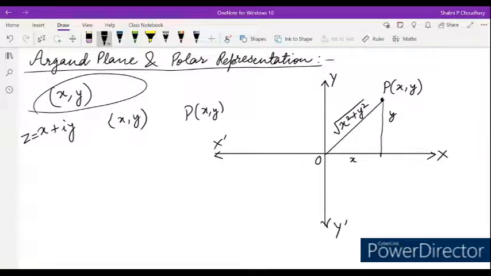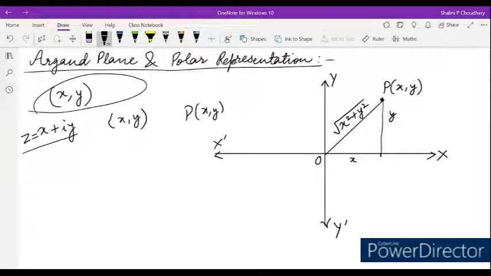Now the next thing that we are going to talk about: what is the Argand plane. Basically, in the Argand plane, when we are taking complex numbers for an ordered pair, there will be one unique point, that is P. We have taken the unique point P that represents the ordered pair x and y, but it is a complex number, so this will be a complex plane, and that complex plane is called the Argand plane.